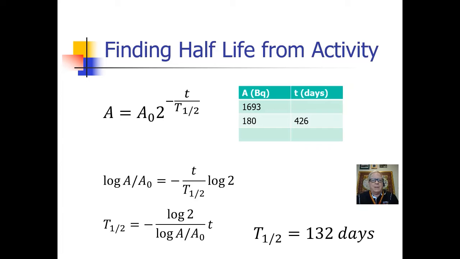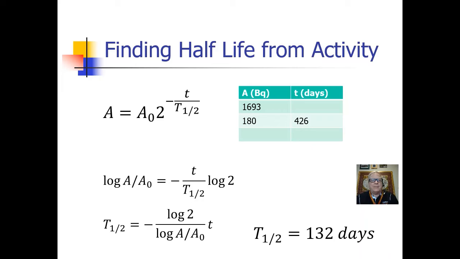So taking the log of both sides, that gives us the log of A divided by A naught, that's the activity now divided by the activity at some time in the past, is equal to negative t over the half-life times the log of 2.